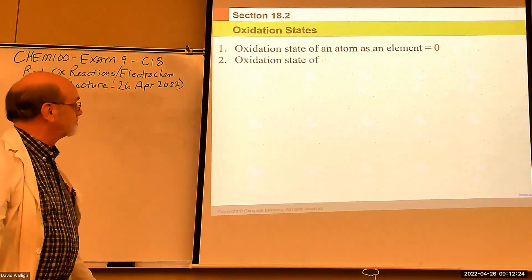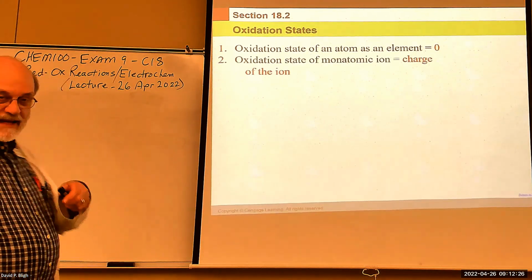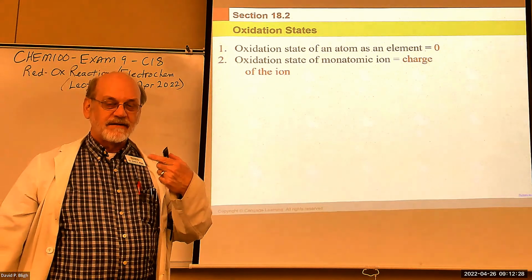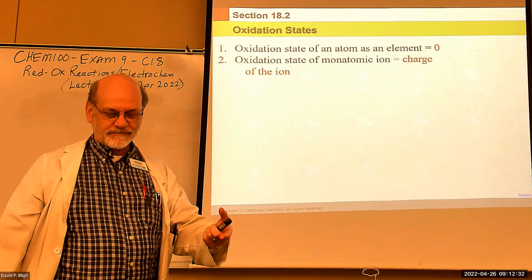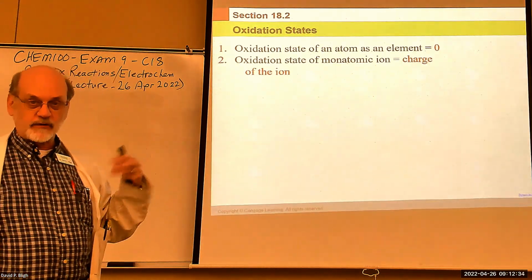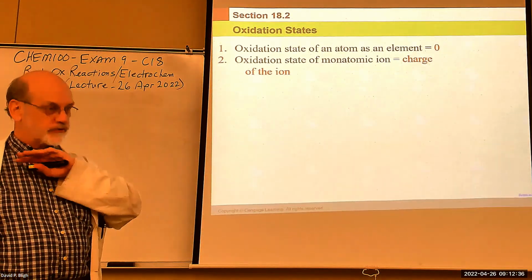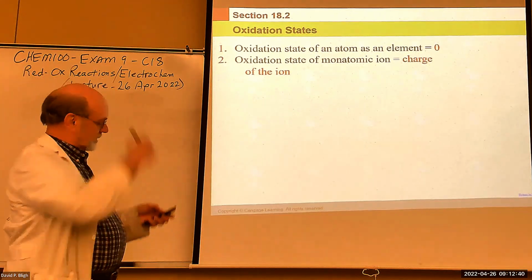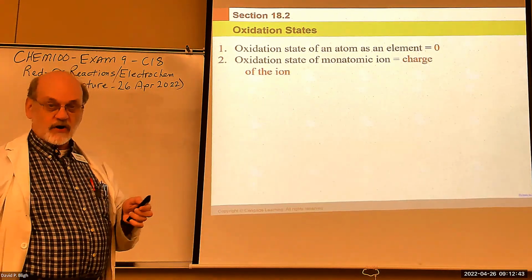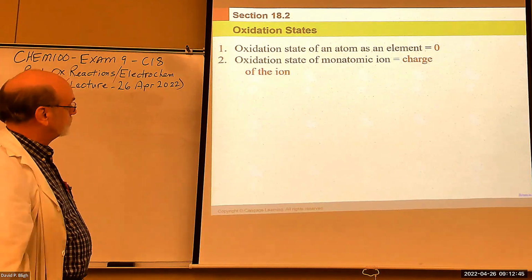Second rule. If you do have an ion, then its oxidation state is the charge on the atom. And our previous example was that across the board. All of them were ions. So all we had to deal with was the charge as the oxidation state.